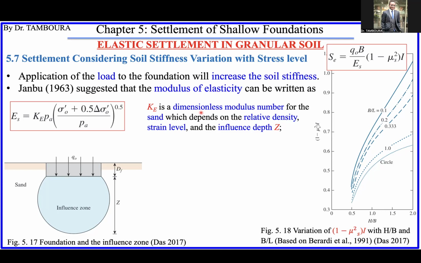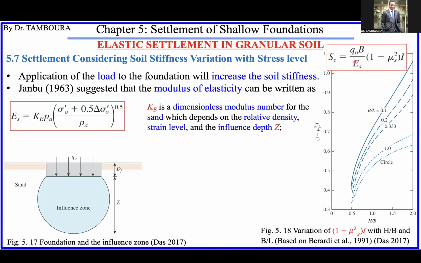So strain level, and also the influence depth, this Z, the depth of this influence zone. So we will see how to estimate this K also, because as I said, everything will be around this equation here. So we have to find each of the parameters.